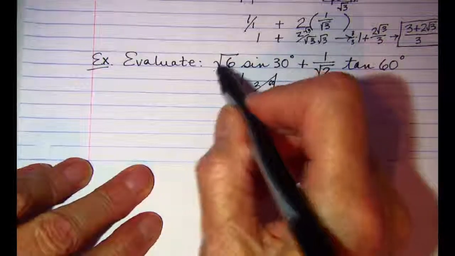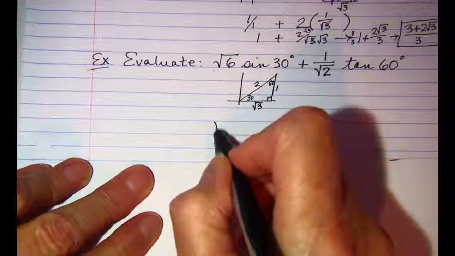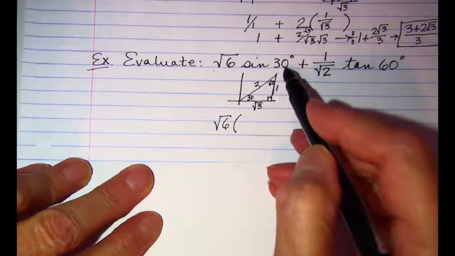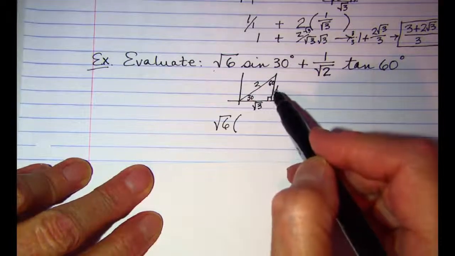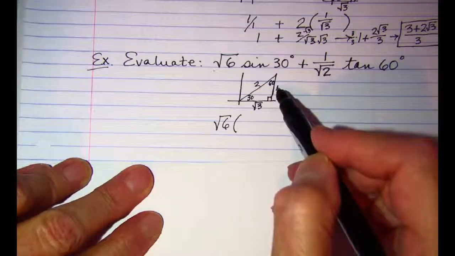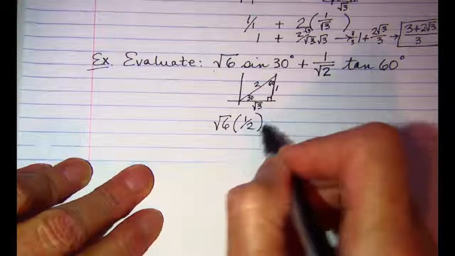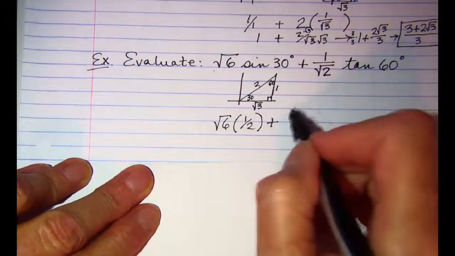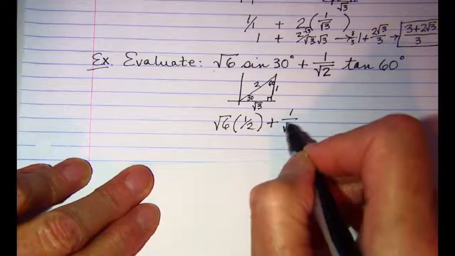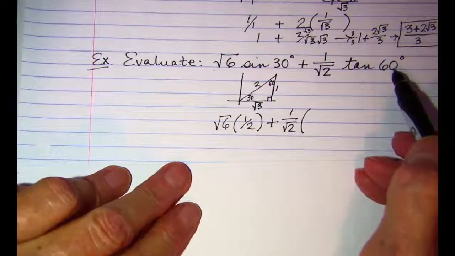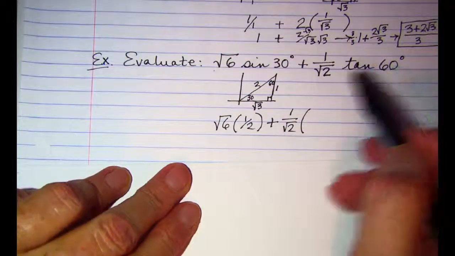We have square root of 6 times the sine of 30. Sine is opposite over hypotenuse. So sine of 30 is 1 over 2 plus, and then I have the 1 over root 2 multiplied by tangent of 60, which is defined as opposite over adjacent.